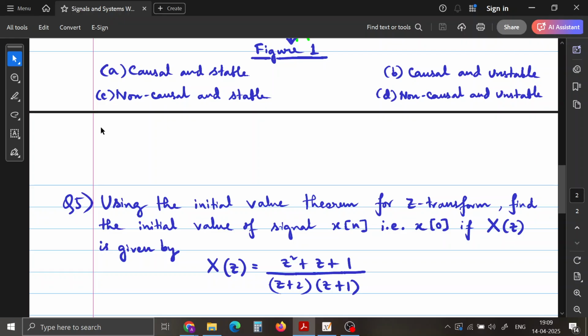So this question is based on the initial value theorem of the Z transform. I hope this has been covered in the lectures. Even if it's not covered, then also we can learn something new.